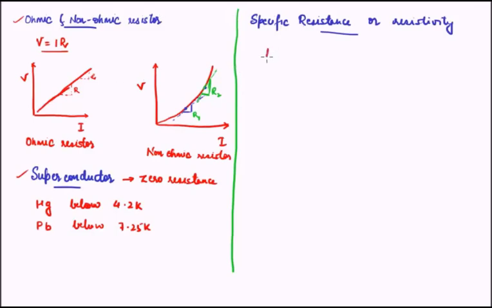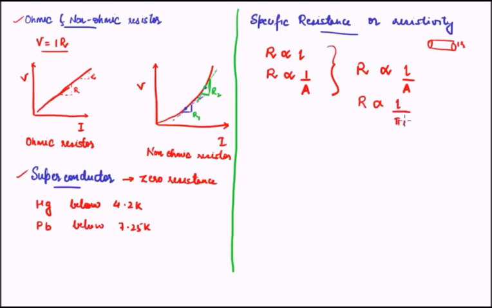We have seen that resistance is proportional to the length of the conductor. Also we have seen resistance is inversely proportional to the area of cross section of the conductor. Okay, now if we combine these two things, we get that resistance is proportional to L upon A, and if it is a circular wire with a radius r, then we can say resistance is proportional to length upon pi r square, isn't it?